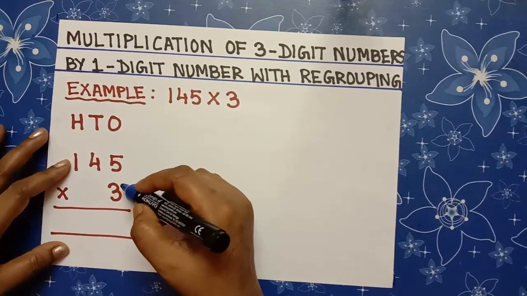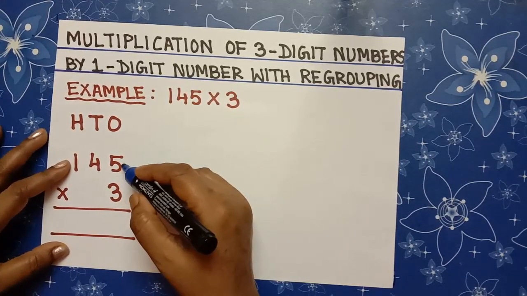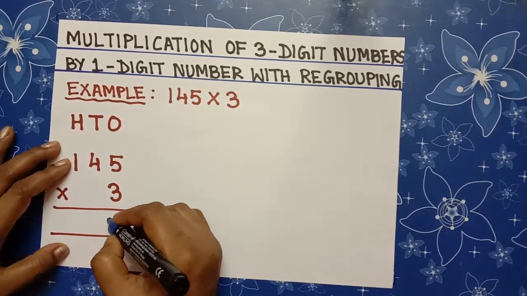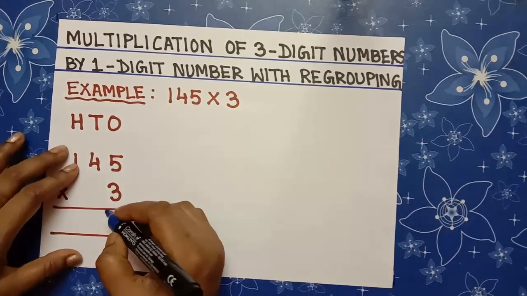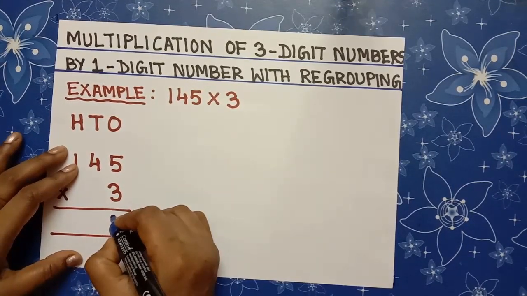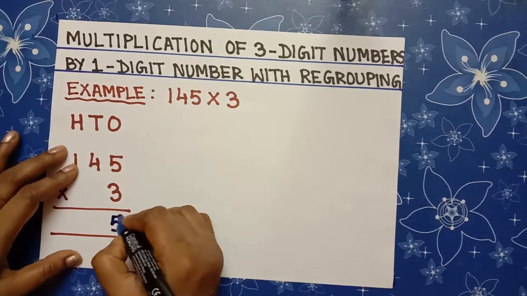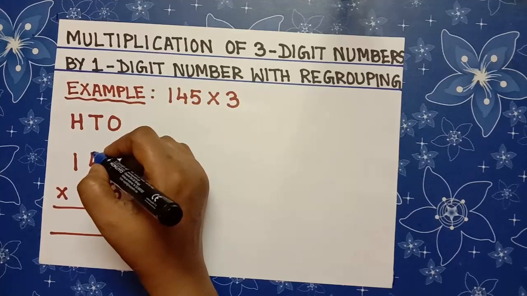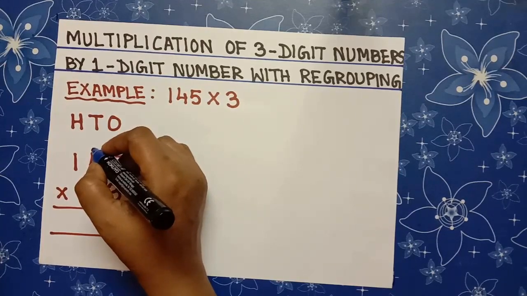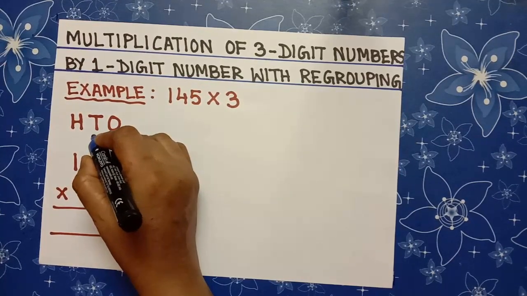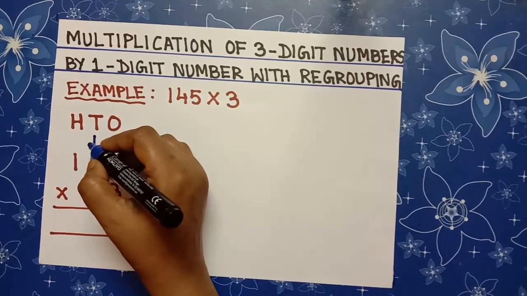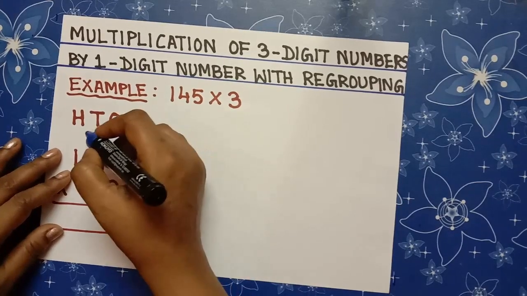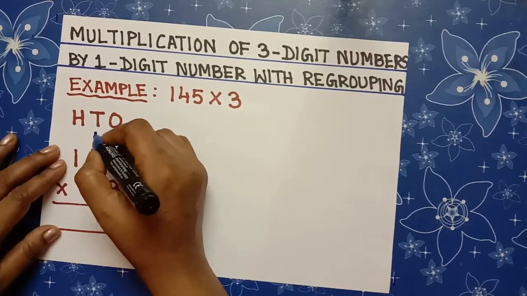Multiply the ones digit by 3. 5 ones into 3. 5 threes are 15. So write 5 in the ones place and carry over 1 and write it under the tens column.